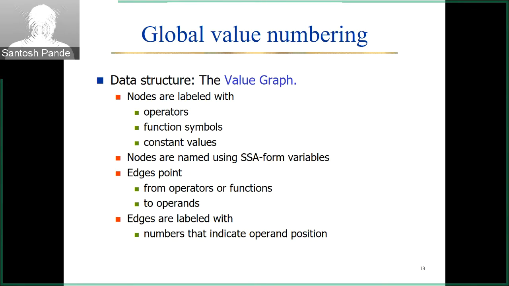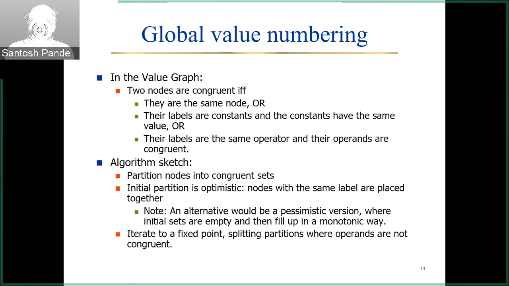And the edges are, of course, positional in terms of numbering 1, 2, 3, 4, like first operand, second operand. So this leads to the value graph. Now, two nodes of the value graph are congruent, or bear the exact same value, if they're the same node, or their labels are constants and the constants have the same value, or their labels are the same operator and their operands are congruent, which are all the cases which we saw.